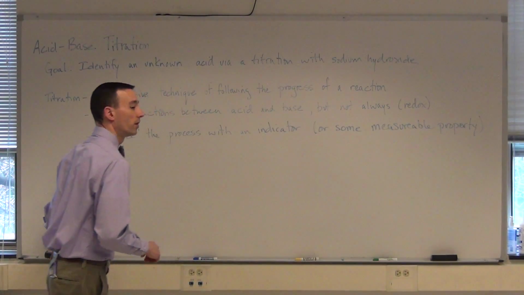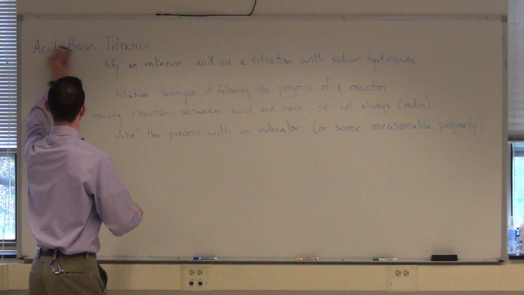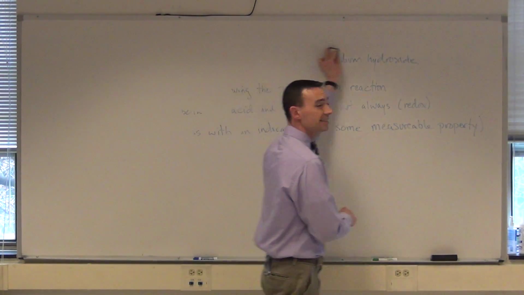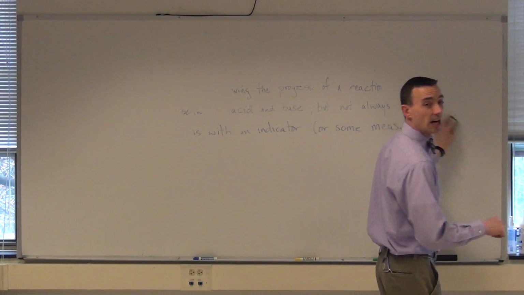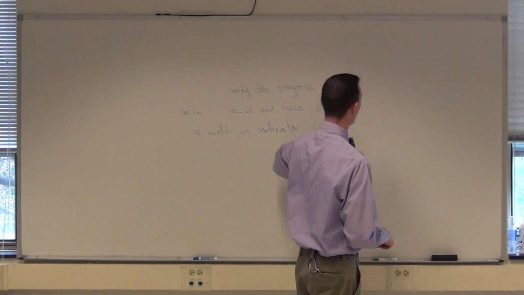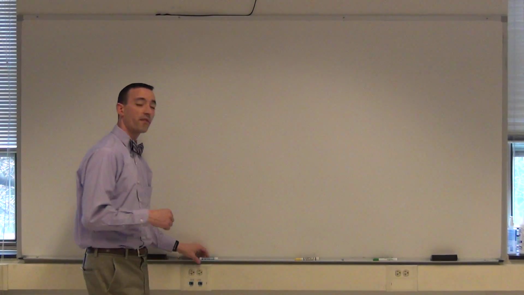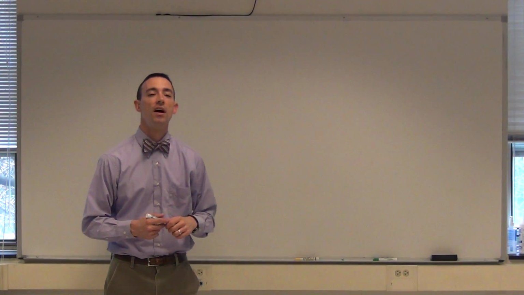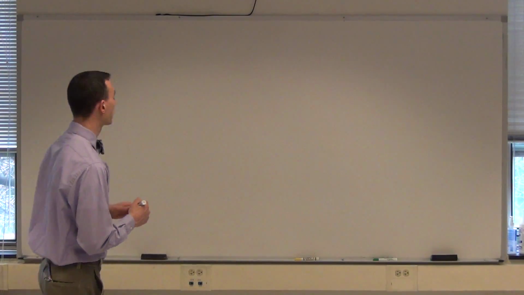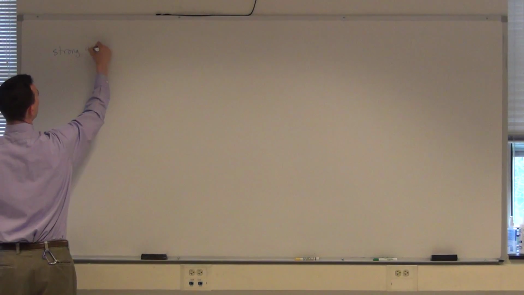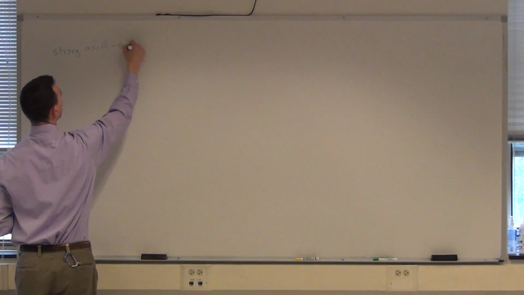So let me walk you through some of the basics of acid-base titrations. Acids and bases come in different strengths, as we've studied in lab, and again, the strength refers to the amount of ionization that's occurring. We could have the reaction between a strong acid and a strong base.